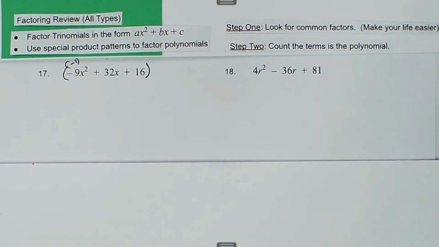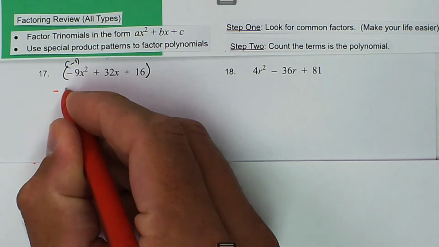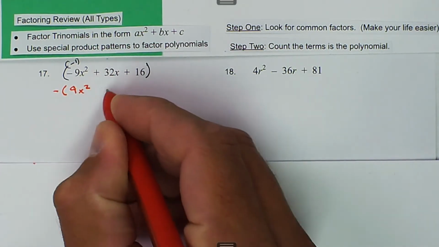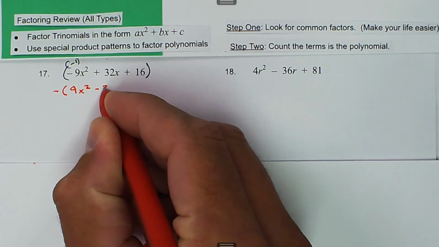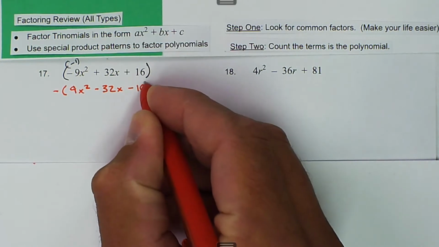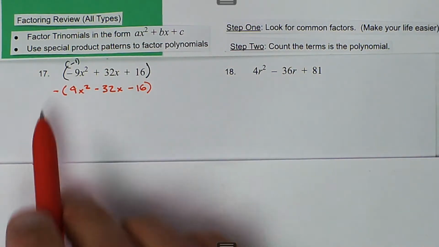What we're going to end up with is a negative out front, because that's negative 1, then 9x squared minus 32x minus 16. So basically all we did there was change all the signs, but we have to remember we leave the negative out front.